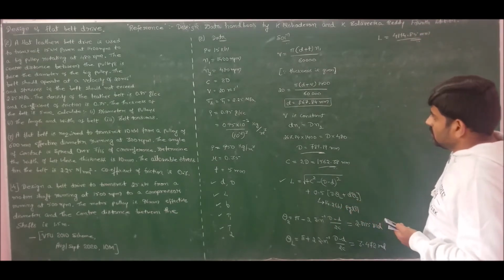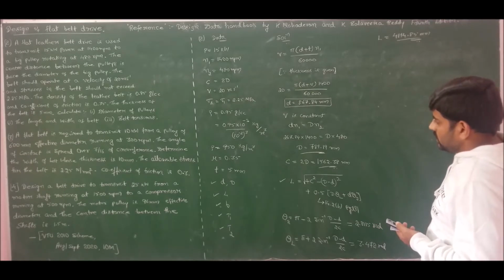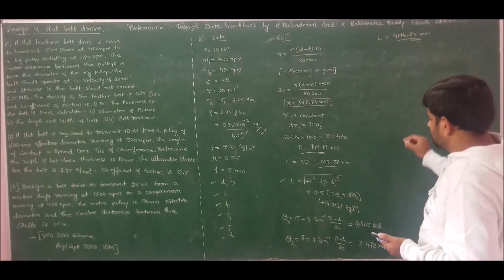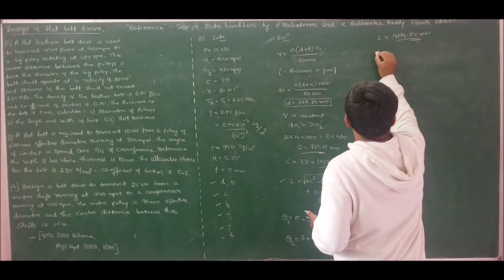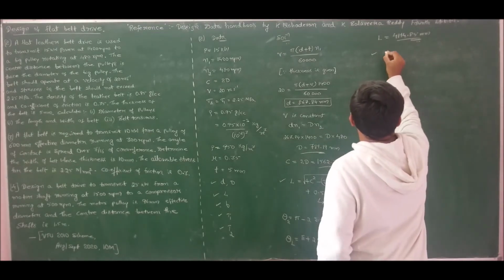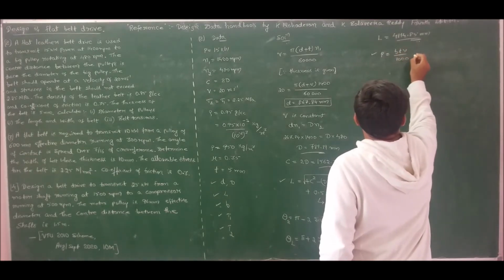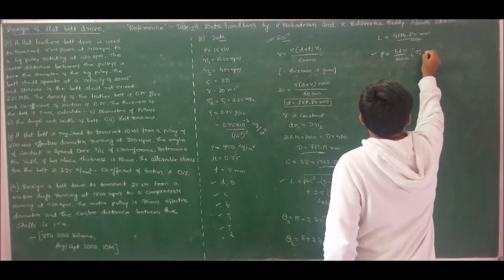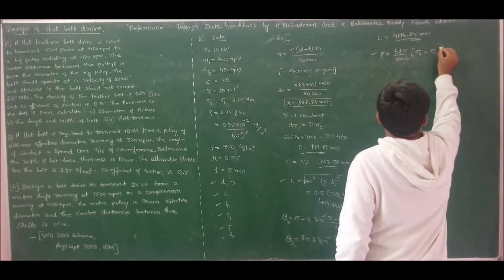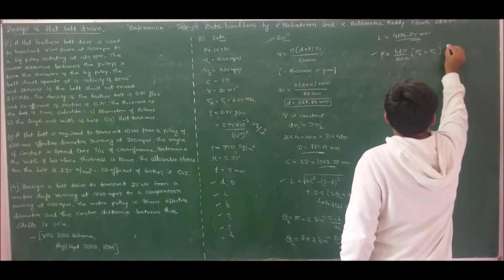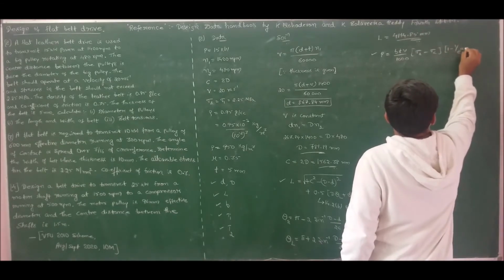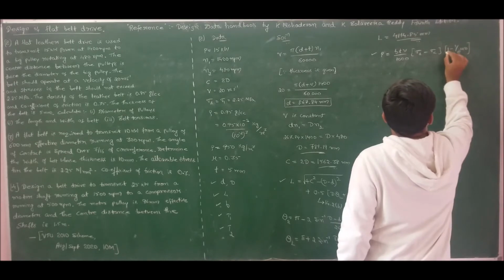Next, once we're done with length, we want to determine the value of width. Coming to the calculation of width, we can directly use the power equation. The power equation is given by B T V by 1000 into (sigma D minus sigma C) into (1 minus 1 by e to the power of mu theta).